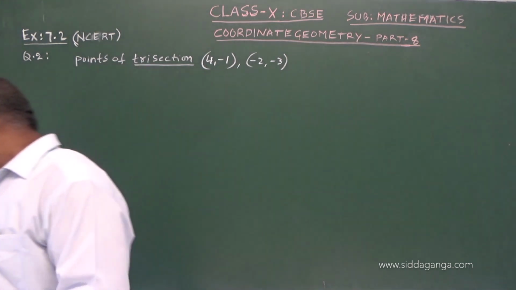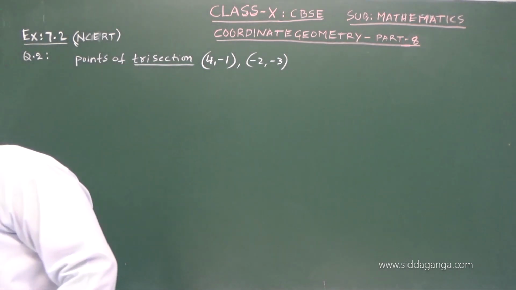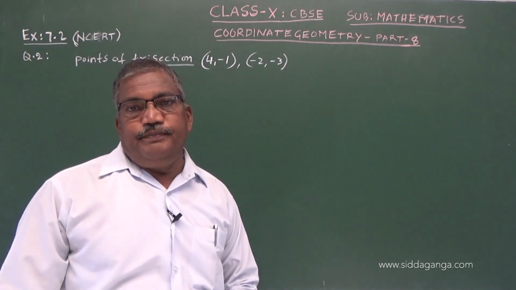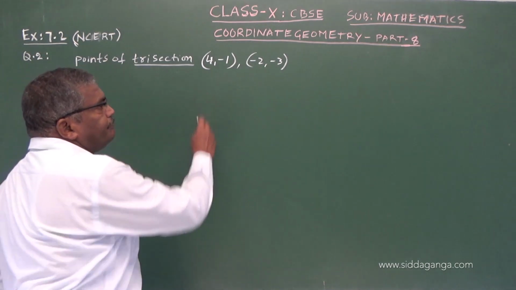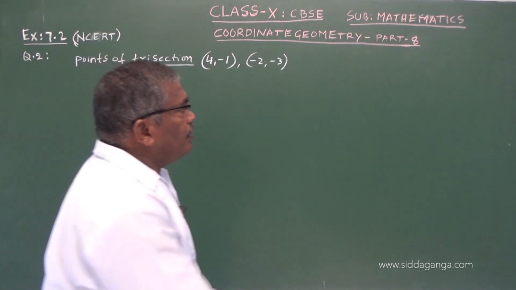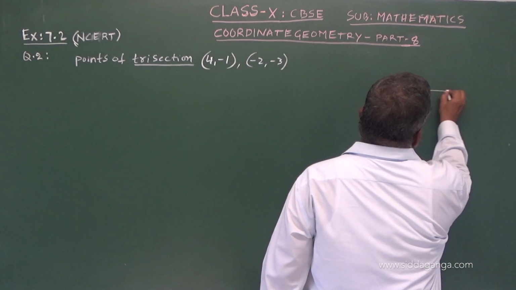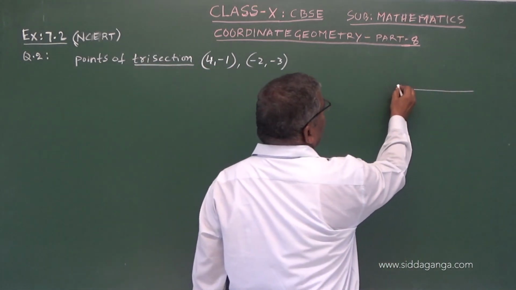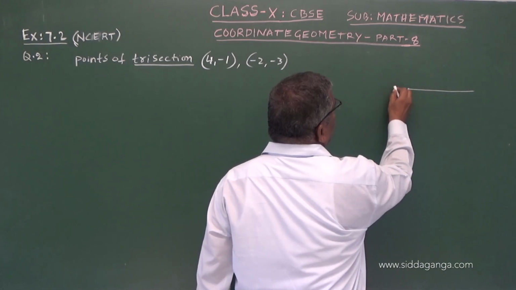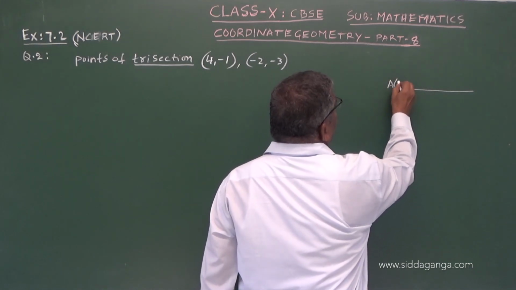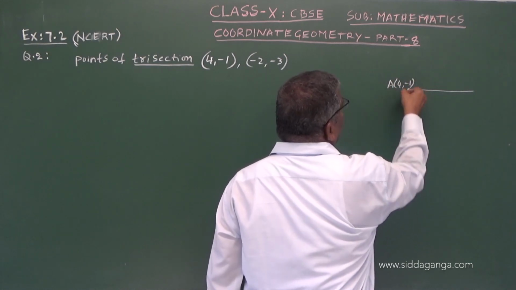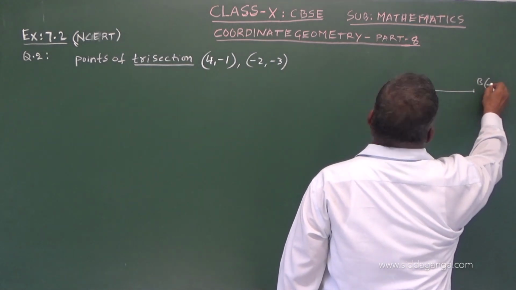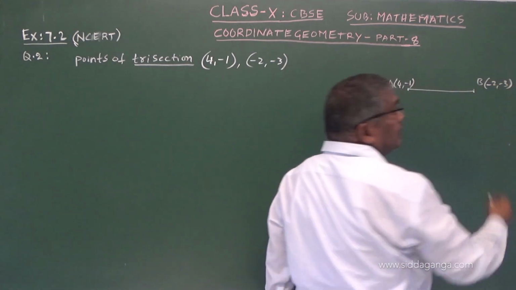So here we have to understand what is the point of trisection. See, 2 points are given. Suppose the point A is (4, minus 1) and point B is (minus 2, minus 3).